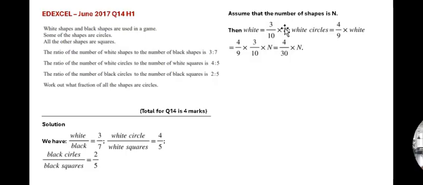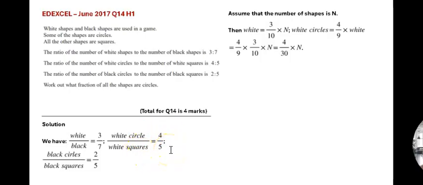So in total there are 10 parts, from which 3/10 are white. Now, white circles over white squares are 4/3.